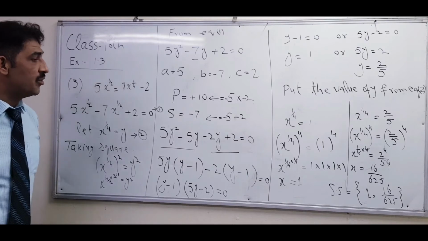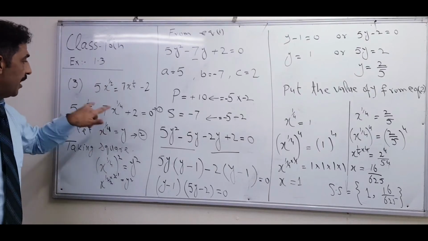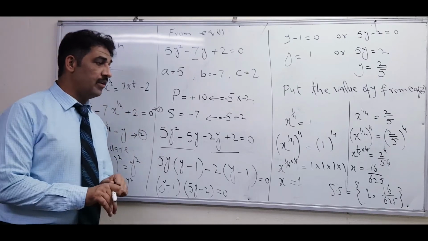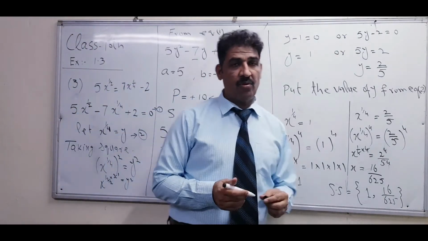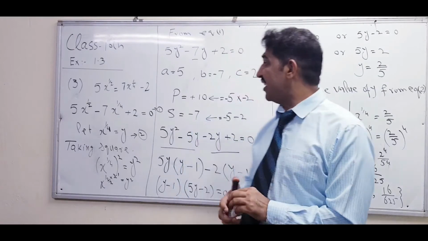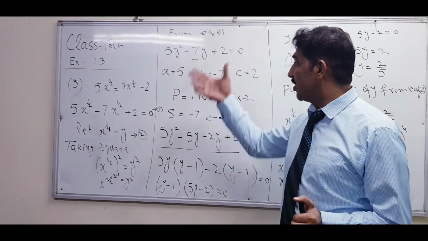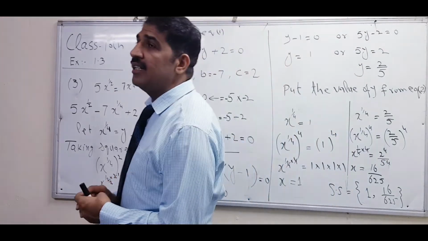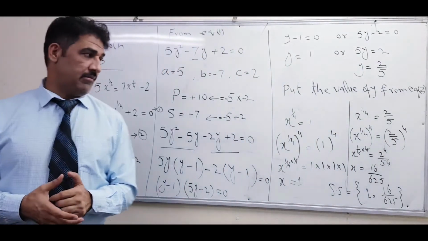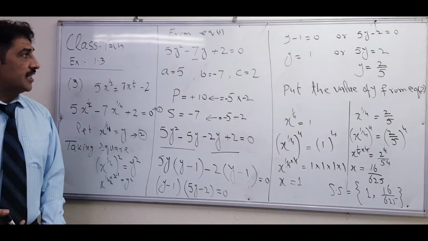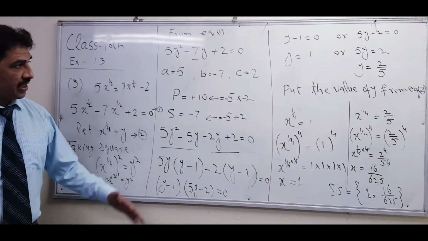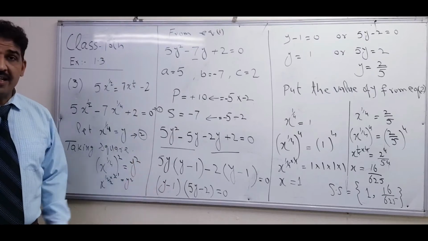In the solution set you have to check your value by putting it in place of x and you will get the answer. If the right hand side is 0, then it means that you are absolutely right. If you are not getting the answer equal to 0 but your procedure is right, such type of solution is called an extraneous solution. वो हमारे पास बाद में आएगा जब हमारे पास पावर उसकी ज़्यादा हो जाएगी, then we will say that is an extraneous solution. Hope all the question is clear.